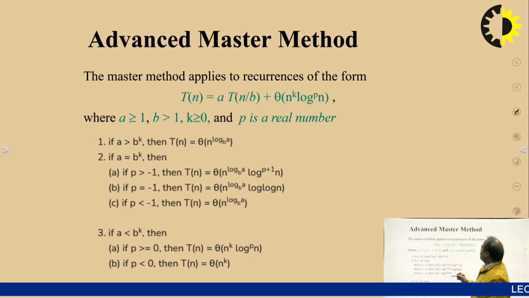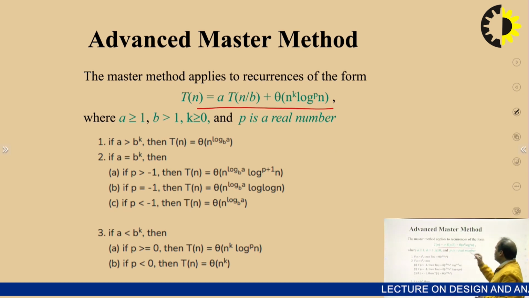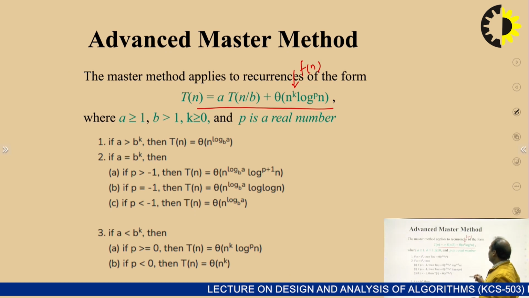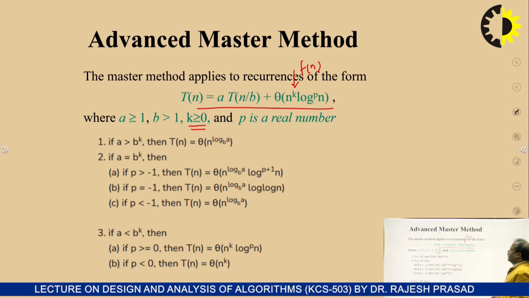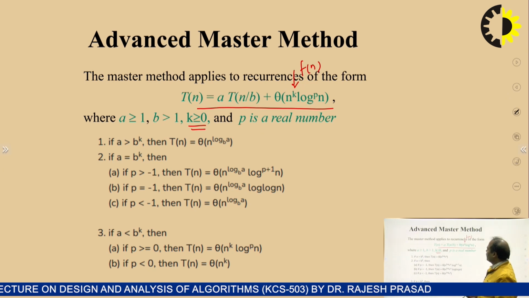The master method applies to a recurrence of this form only. Now F(n) is going to be given in this form, theta n to the power k and then log^p n, where p is any real number and k is any number greater than or equal to 0. So here only we are changing this F(n).